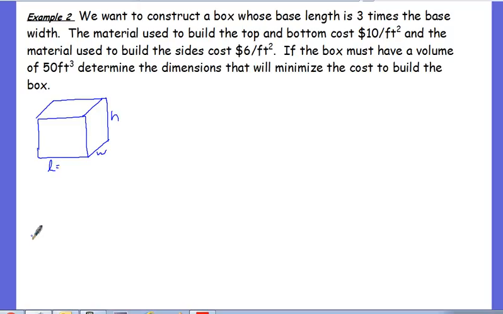It's 3W. Agreed with that? I have a length, a width, and a height, and I know that my length is 3W. Does everybody see how I'm kind of getting fancy already? And I know that these are related somehow, right? We good? Can y'all give me my constraint?